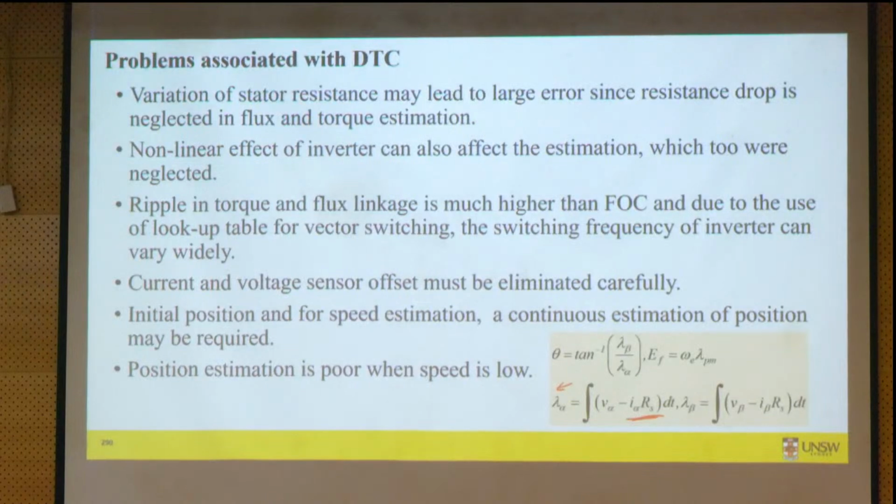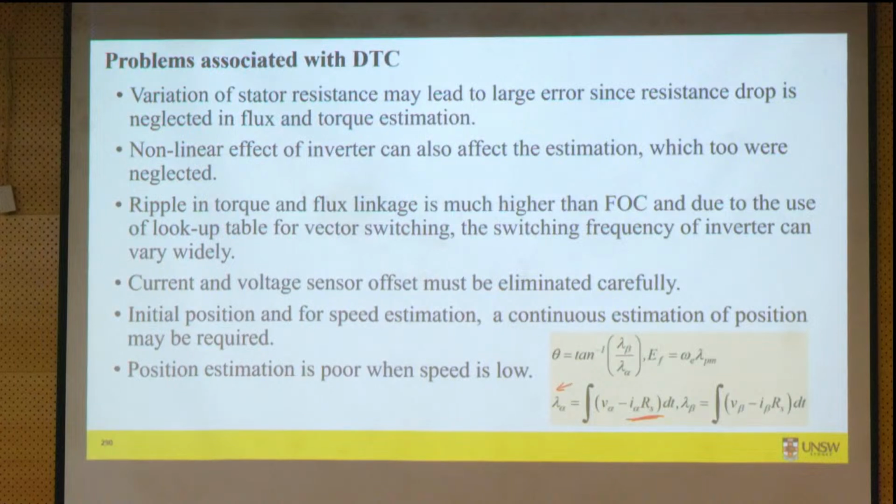And there could also be another problem with the inverter nonlinearity, because to estimate V alpha and V beta, we use VDC, the DC bus voltage, and the controller's output reference voltage, not the real motor terminal voltage, because the motor terminal voltage is PWM modulated.